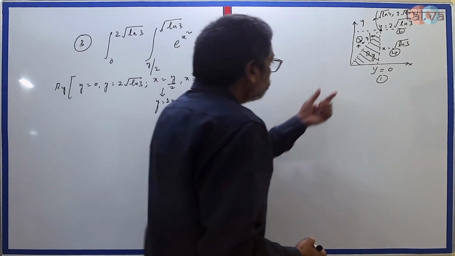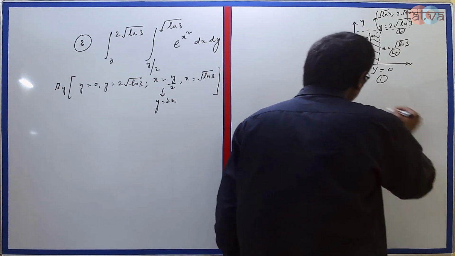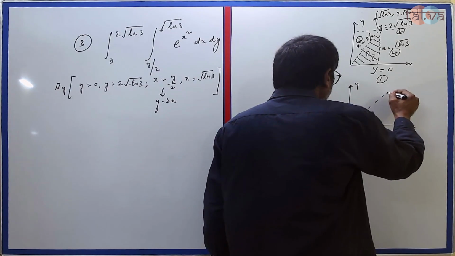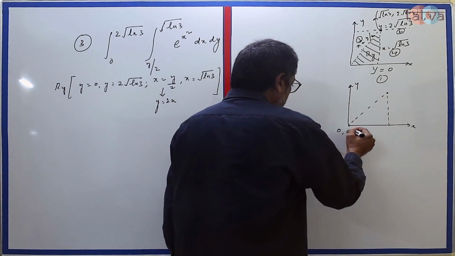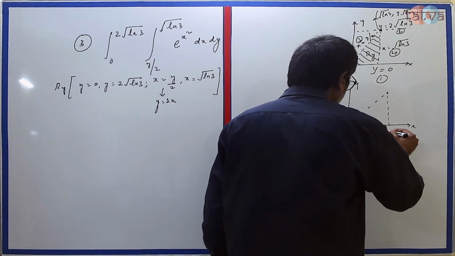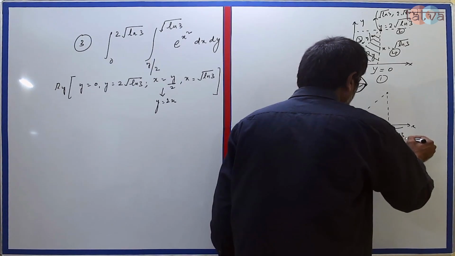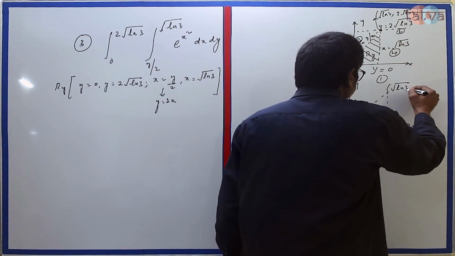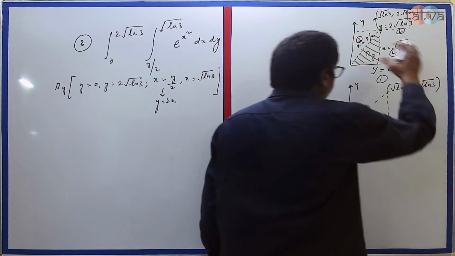So I'm now going to redraw this diagram to express it as an Rx region. Begin with the corner points. So you just have to copy most of them from that original diagram.